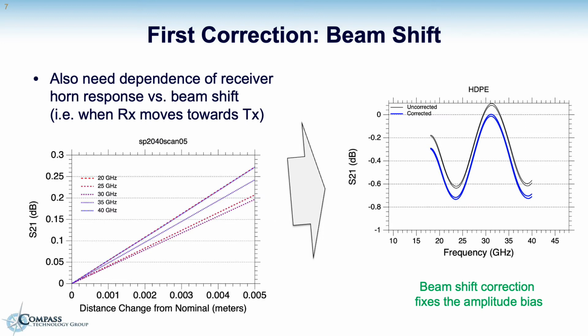So this beam shift correction is probably the number one source for bias in spot probe measurements. This correction also applies to focus beam measurements as well. However, the effect is nowhere near as strong as it is for a spot probe, so it's much more important to use it in the case of near-field probes.